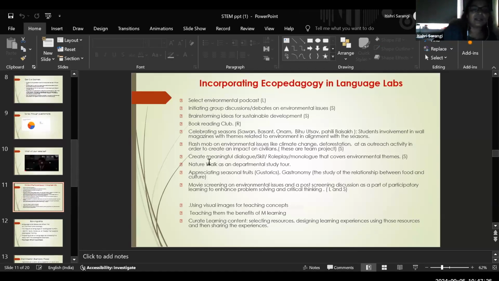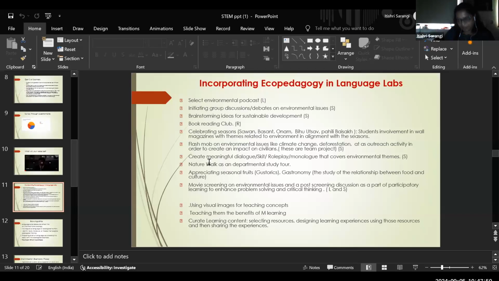Next, I'll be talking about incorporating eco-pedagogy in language labs. In language labs, we can select environmental podcasts, initiate group discussions and debates on environmental issues, and brainstorm ideas for sustainable development.